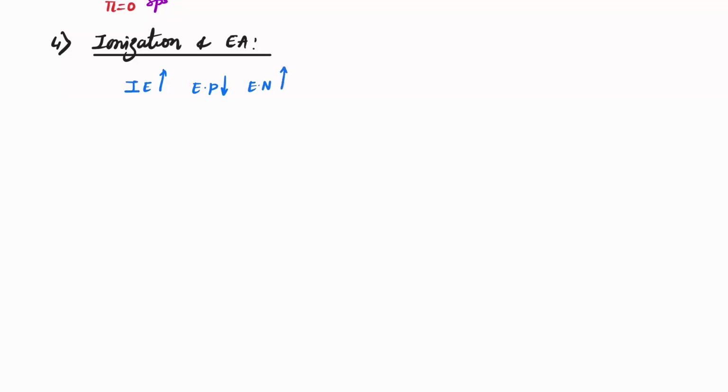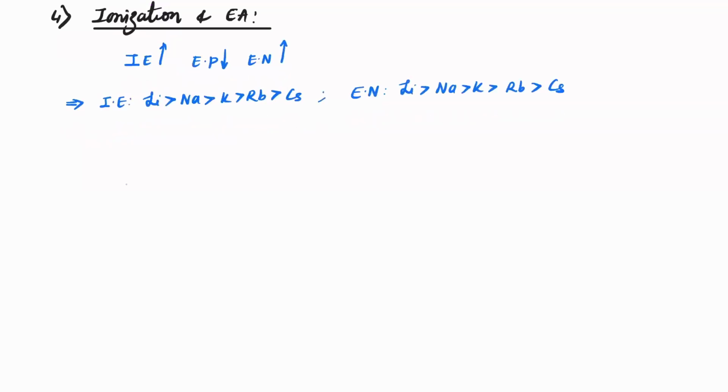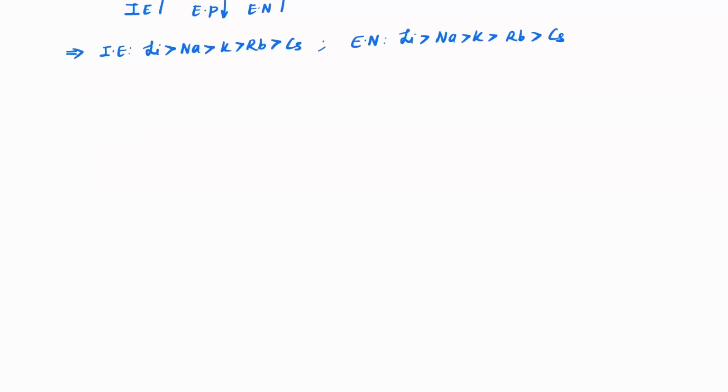That is, if you compare the ionization energy of lithium, it is greater than sodium, potassium, rubidium, and cesium. Now if you compare the electronegativity, the same order will be followed. So electronegativity of lithium is greater. Likewise, if I compare the electron affinity also, if that is greater, electronegativity will also be greater.